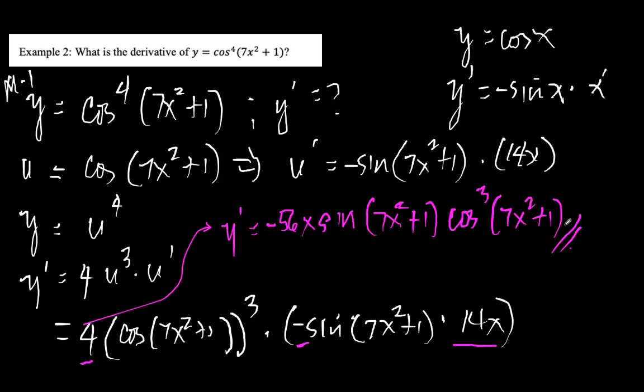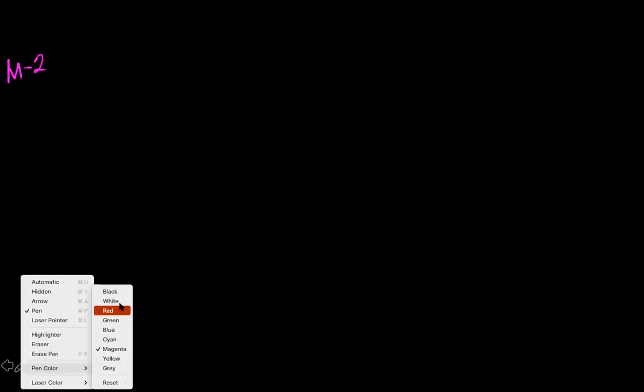And let's do method 2. Method 2 is more of a direct approach. And I love the direct approach because it lessens my steps in finding the solution, and it also lessens the error that I'm going to encounter because I will not rewrite a lot of things. So y is equal to cosine to the 4th of 7x squared plus 1.